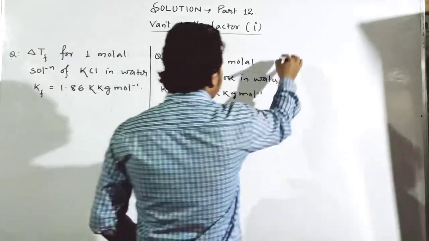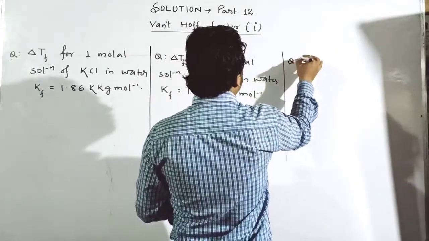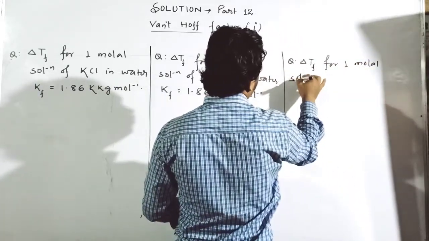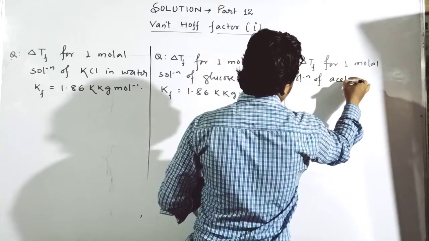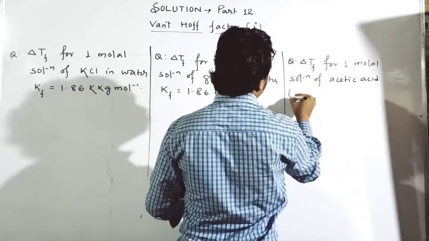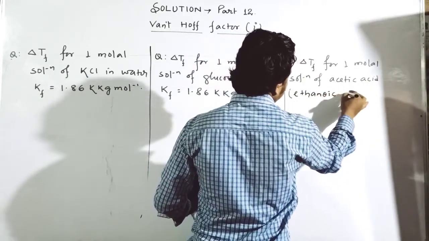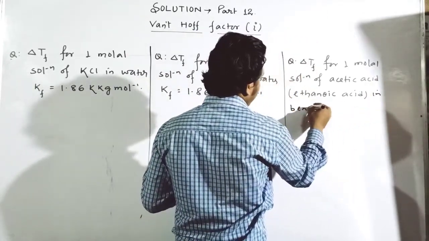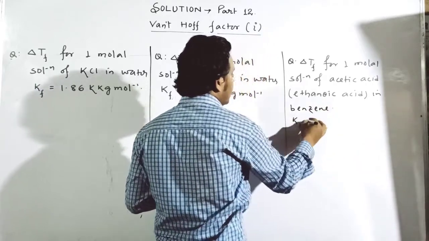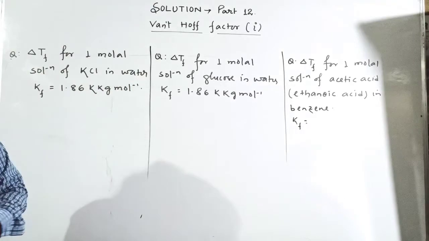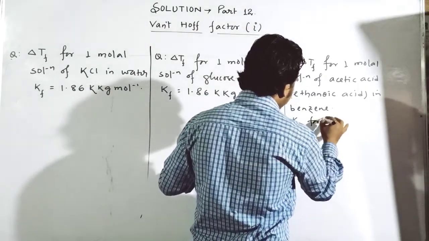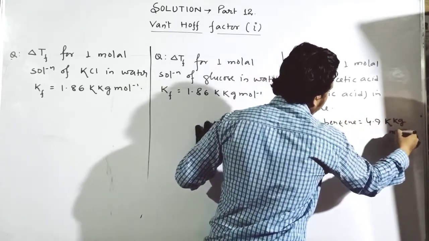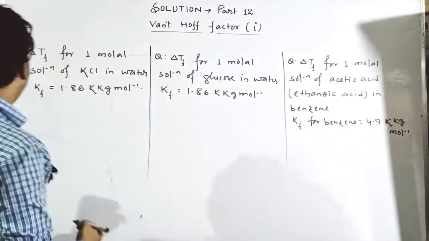The third question is, what is del Tf for a 1 molar solution of acetic acid, also known as ethanoic acid, in benzene, and here Kf for benzene is given as 4.9 Kelvin kg per mole, and this is Kf for water.